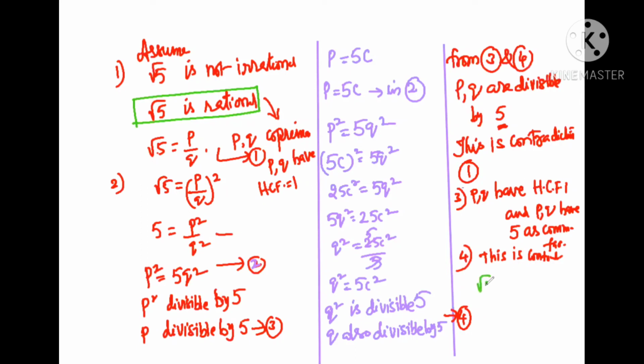So our assumption that it is rational is wrong. So what is true? The fifth step, we can prove that root 5 is irrational. In this way, we can understand the process. This is only a quick review. Okay.